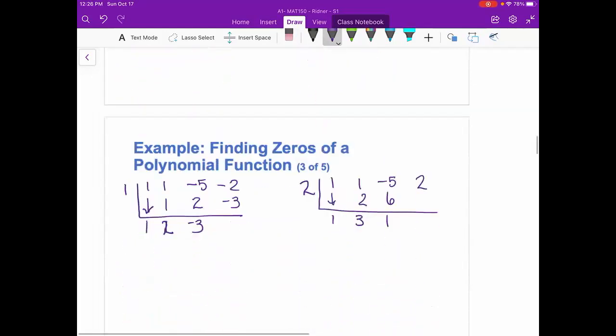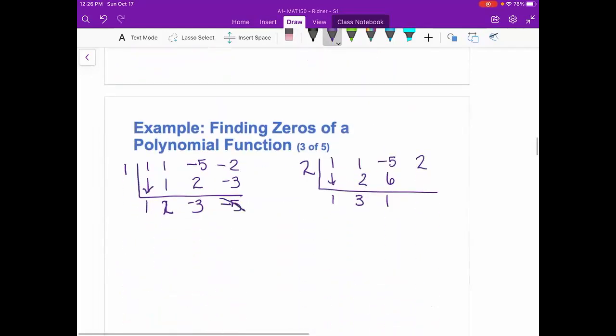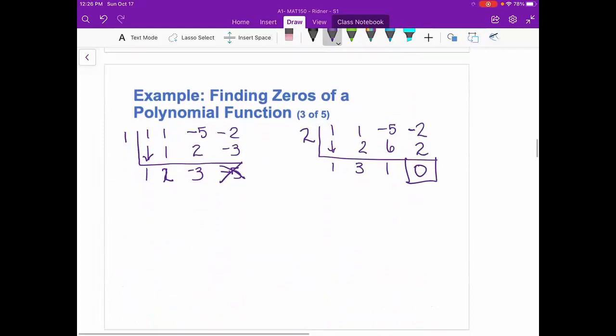But anyway, if that is a -2 and this is a +2, finally we get a remainder of 0. We only get that remainder of 0 if we actually use the correct coefficients. So make sure you do that. And if you caught that, good job. If you panicked a little bit because you couldn't figure out, didn't Miss Reidner do that wrong? You are correct. She did do it wrong.